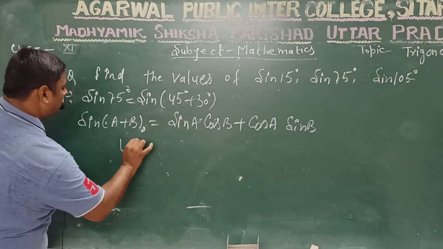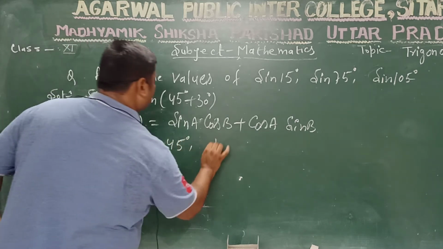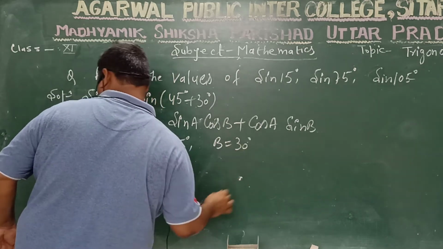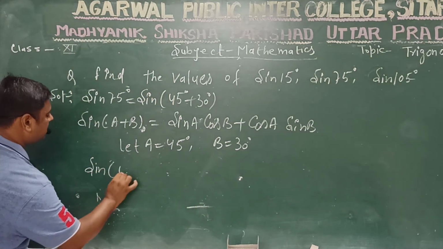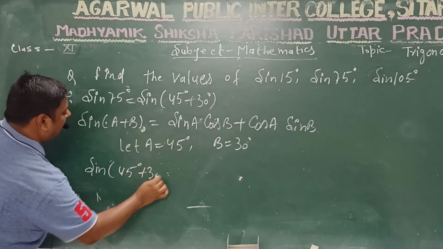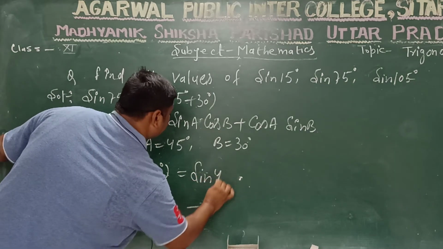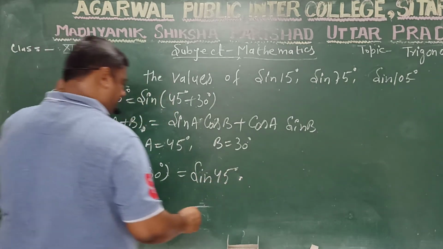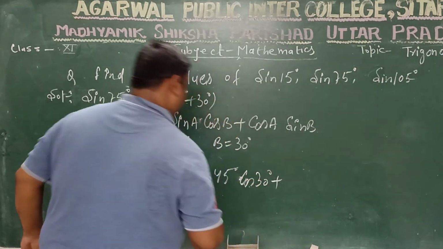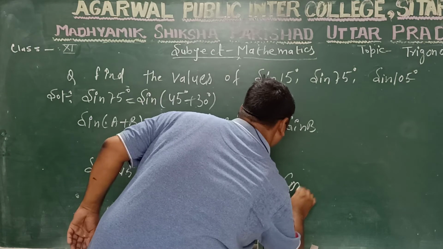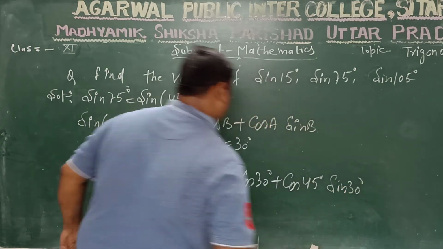Now let A be equal to 45 degree and B be equal to 30 degree. So sin of 45 plus 30 degree is sin 45 cos 30 degree plus cos 45 sin 30.